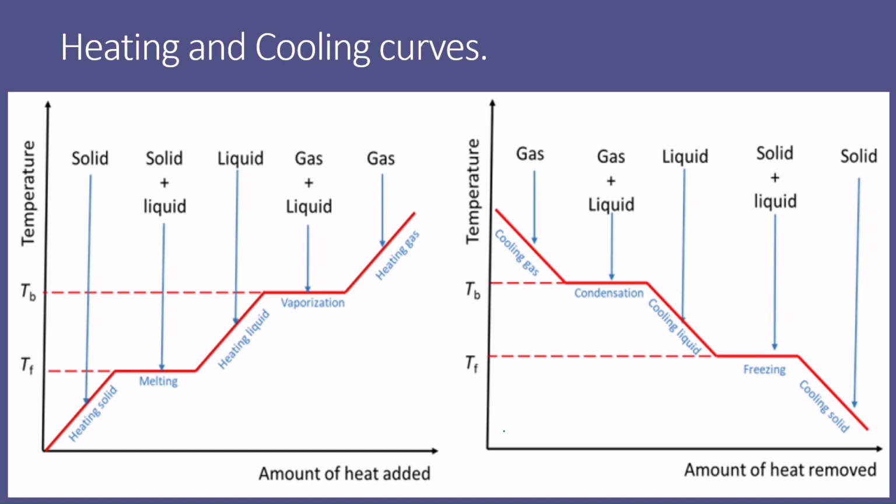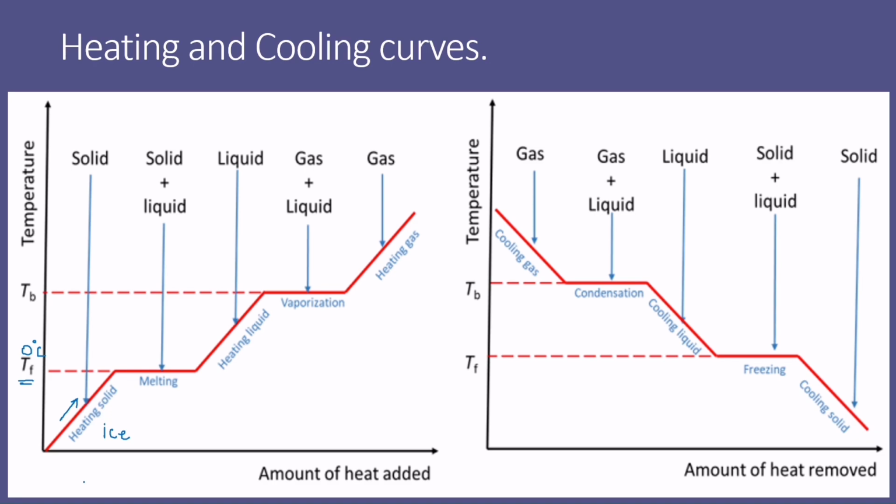In the heating curve, ice is present below 0 degrees Celsius. So we have ice present over here below 0 degrees Celsius. As the temperature starts increasing and reaches 0 degrees Celsius over here, which is also the freezing point, or you can say the melting point of ice, the ice starts to melt.